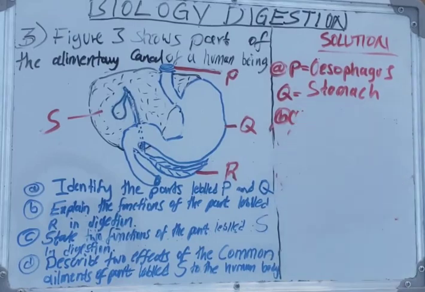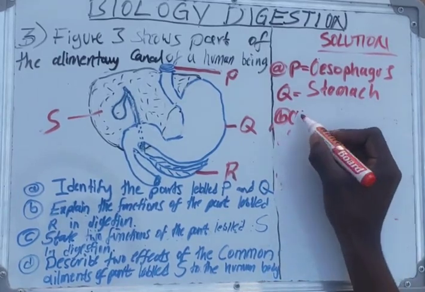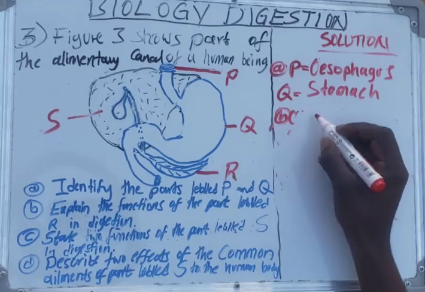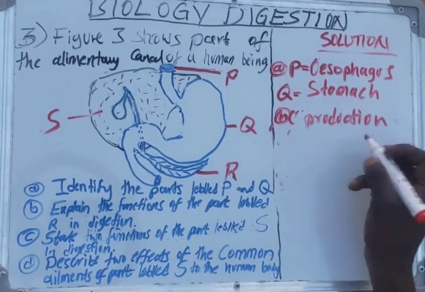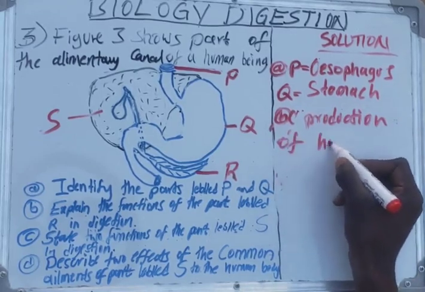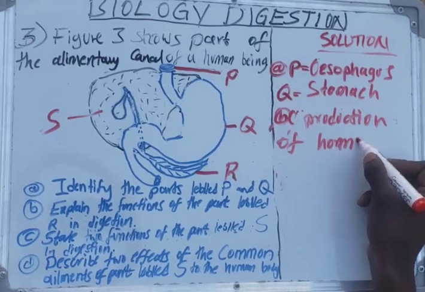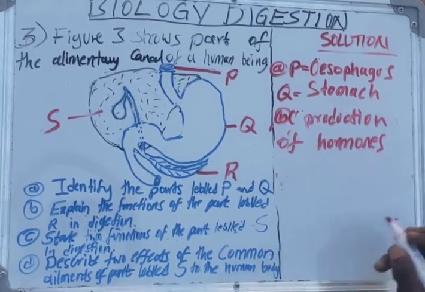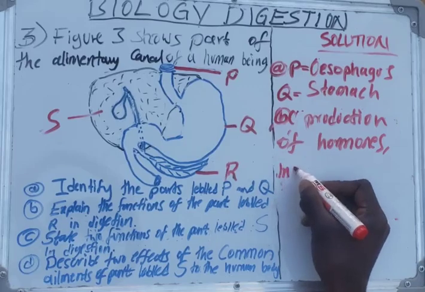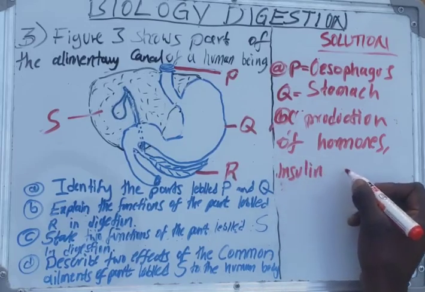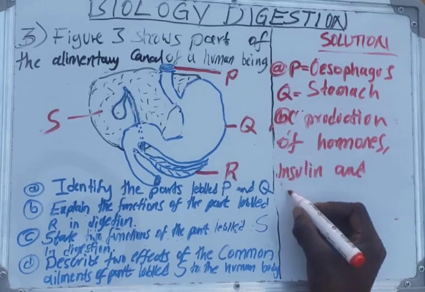The last function of part R is the production of hormones, that is insulin and glucagon.